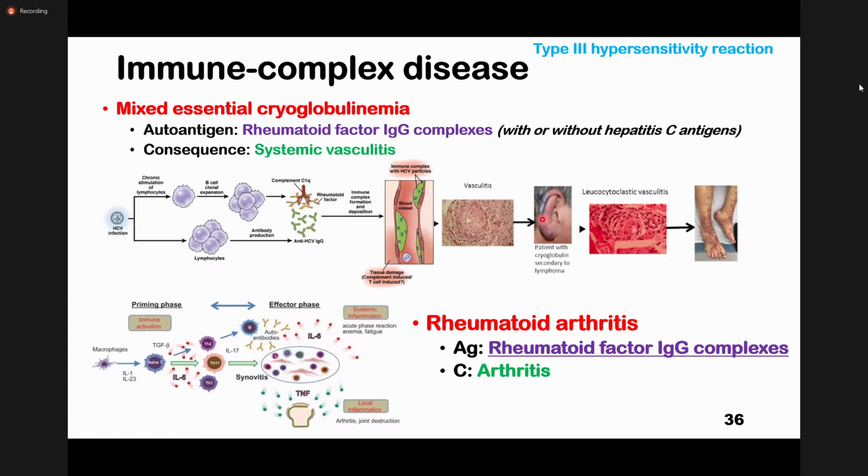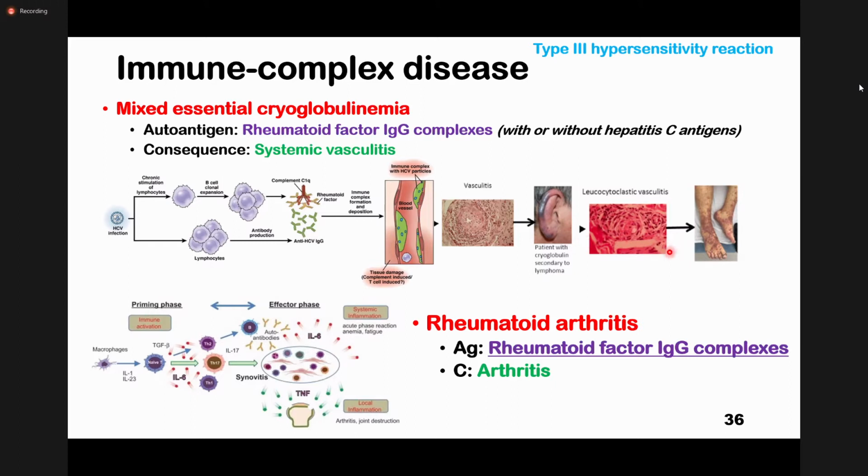The protein name is cryoglobulin, okay. Sometimes there are also other antigens, such as hepatitis C antigens, causing the production of antibody. Then there is complex formation here, okay, that causes different immune pathological responses.